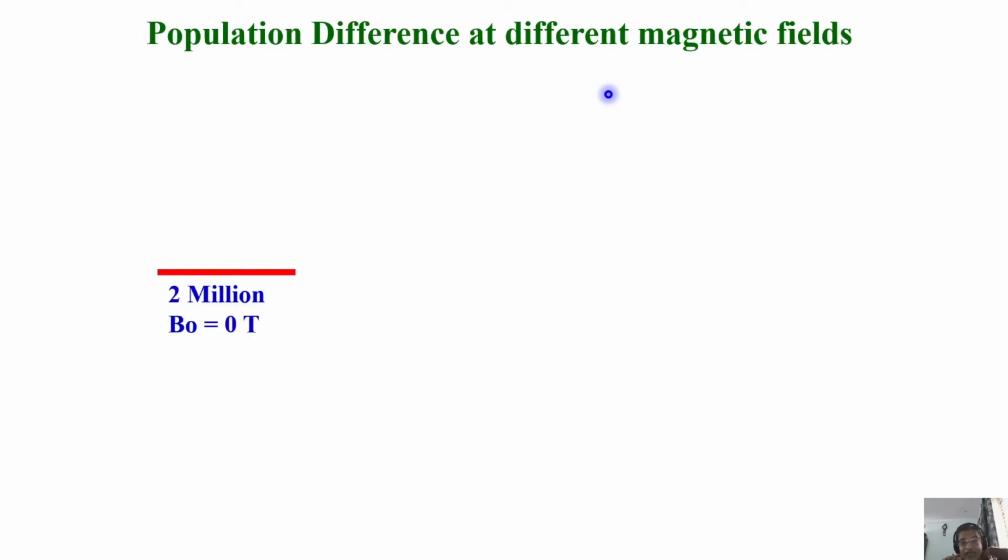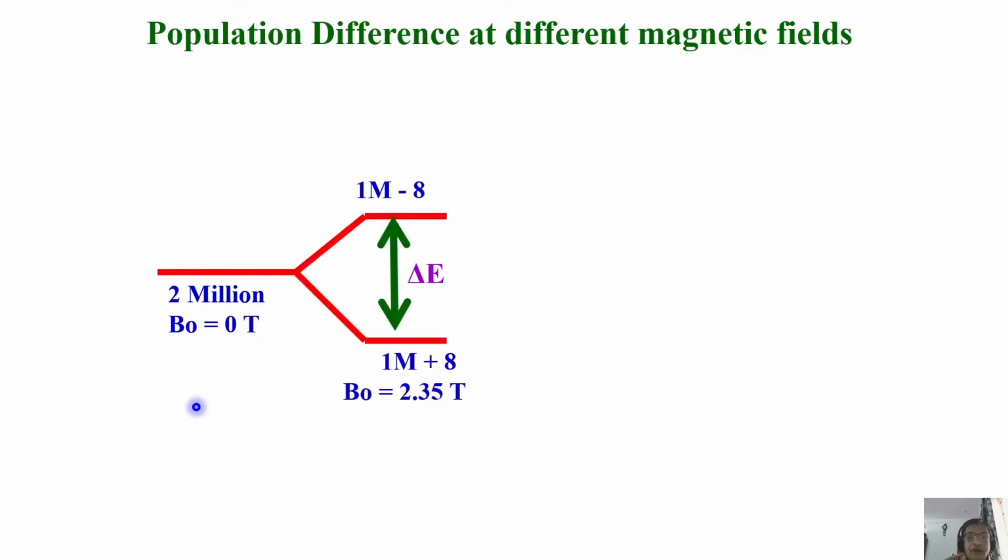I took the example of 2 million spins. When the magnetic field is zero, they are all degenerate states. No population difference at all. It is zero. Now, I'll put this in a reasonably good magnetic field; 2.35 Tesla is not a small number. In a magnetic field of 2.35 Tesla, I calculated the population difference.